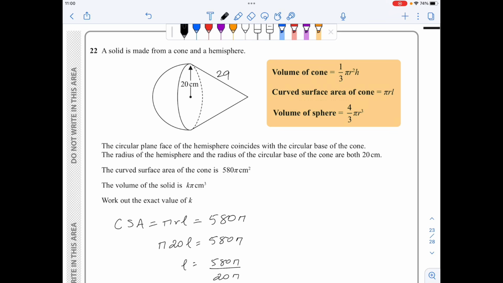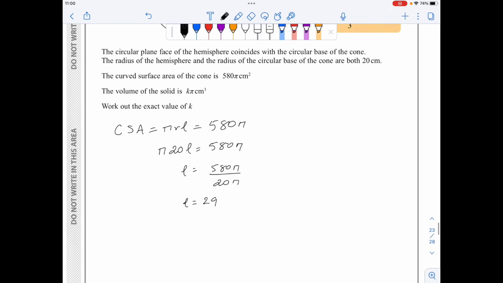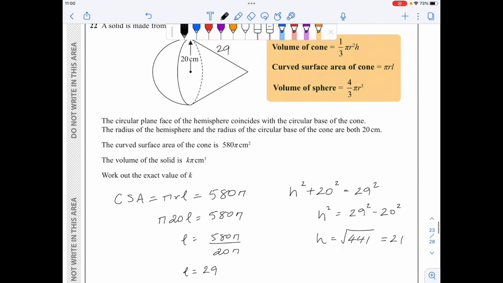So now let's find the height of the cone using Pythagoras' theorem. h squared plus 20 squared is equal to 29 squared. So h squared is 29 squared minus 20 squared. h is the square root of that number, which is 441, and this comes out to be 21.